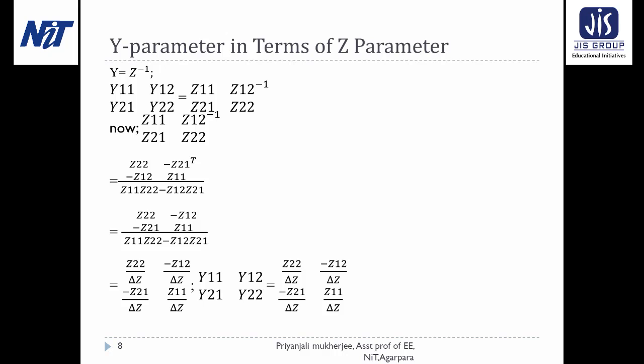In the same manner, we can find that Y11 is the ratio of Z22 and delta Z, whereas Y12 is the ratio of minus Z12 and delta Z, Y21 is the ratio of minus Z21 by delta Z, and Y22 is Z11 by delta Z. Here also, delta Z is Z11 into Z22 minus Z12 into Z21. This portion is known as delta Z. In the same manner, we can express the Y parameter in terms of the Z parameter.